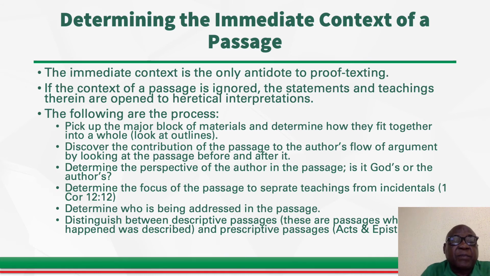Pick up the major block of materials and determine how they fit together into a whole. In other words, you can go back into the outline of the book and see how they relate to one another. 2, discover the contribution of the particular passage you are trying to interpret to the author's flow of argument by looking at the passage before that passage and the passage after it.